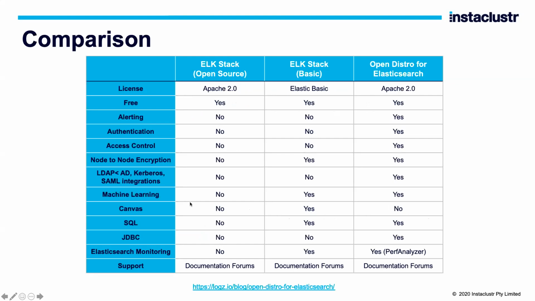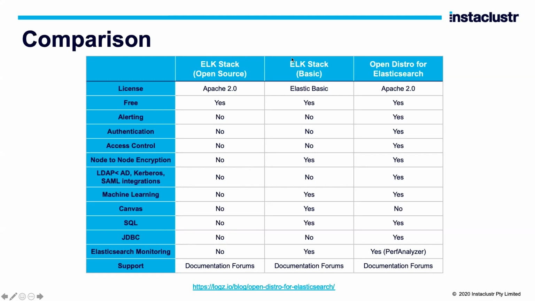The open source itself is pure open source, which does not come with features like the ones I just talked about: alerting, authentication, access control, LDAP integration, machine learning, SQL, JDBC. If you were to just download a pure open source version of Elasticsearch, you will not get any of those features we talked about.